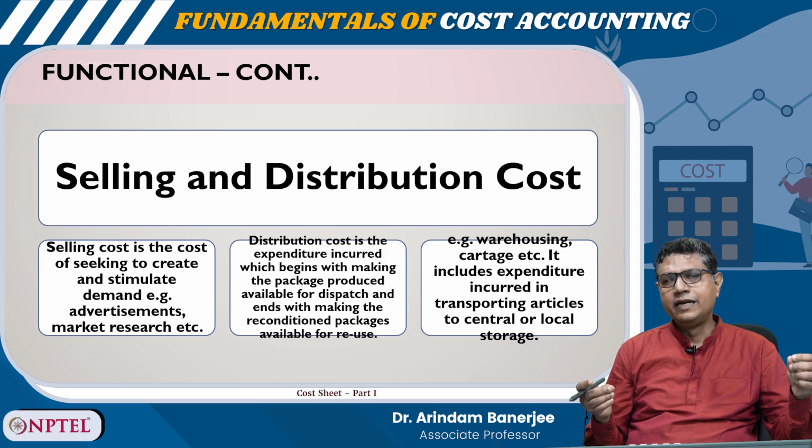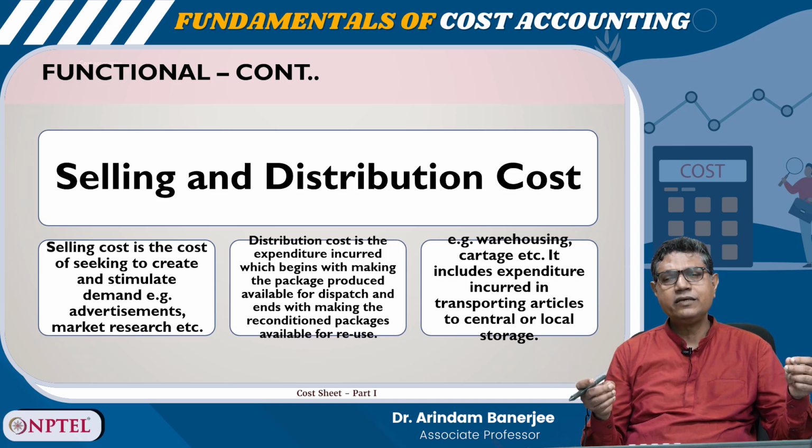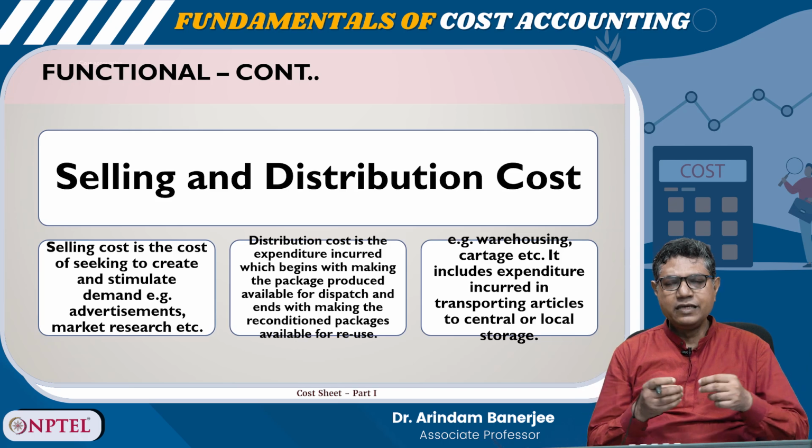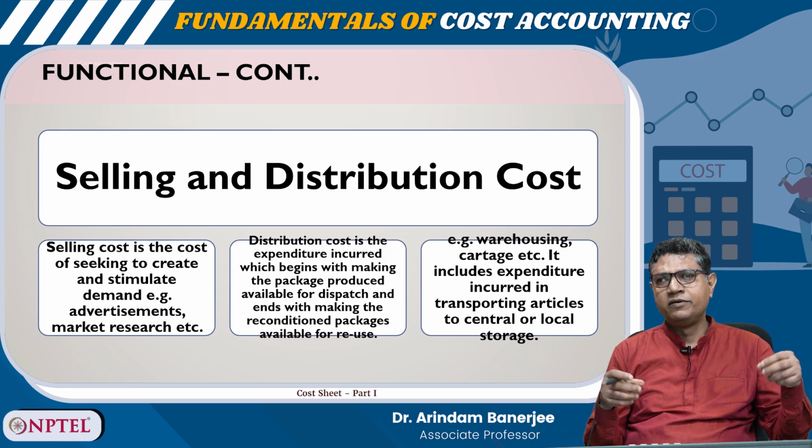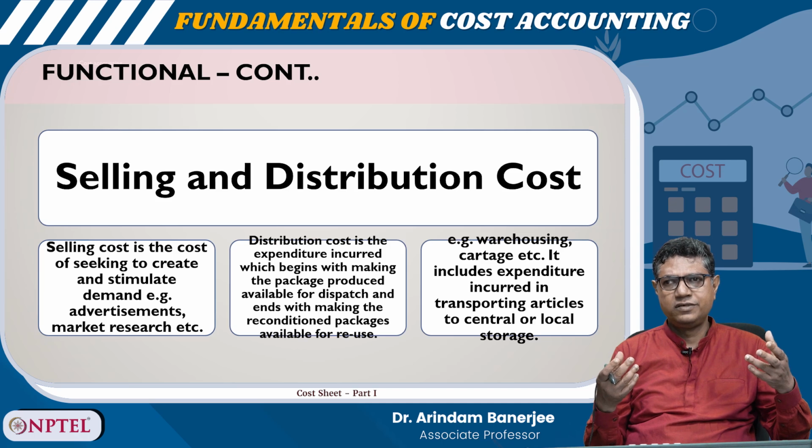There is a link between the end consumer and the production hub, the factory. Who is the link? The selling and distribution division. And for selling and distribution, they incur a cost.